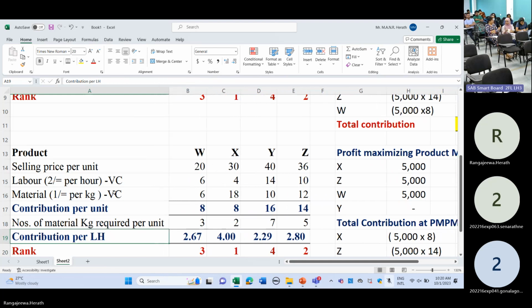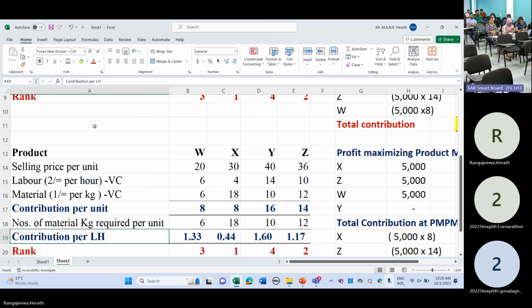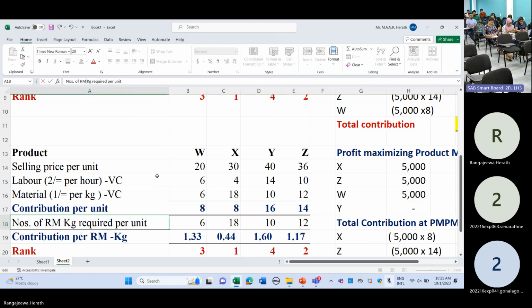So 6 divided by 1, so it is 6, 8, 10, and 12. Then contribution per raw material kilogram, based on the number of raw material kilograms required.